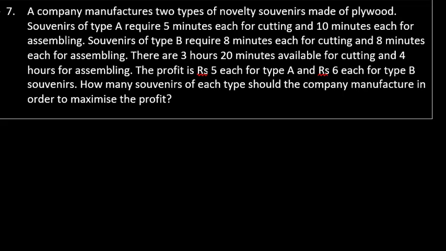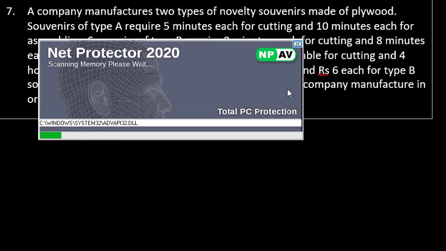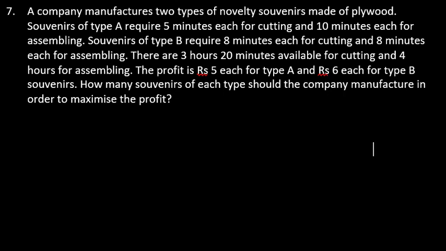There are 3 hours 20 minutes available for cutting and 4 hours for assembling. The profit is ₹5 for type A and ₹6 each for type B souvenirs. How many souvenirs of each type should the company manufacture in order to maximize the profit?